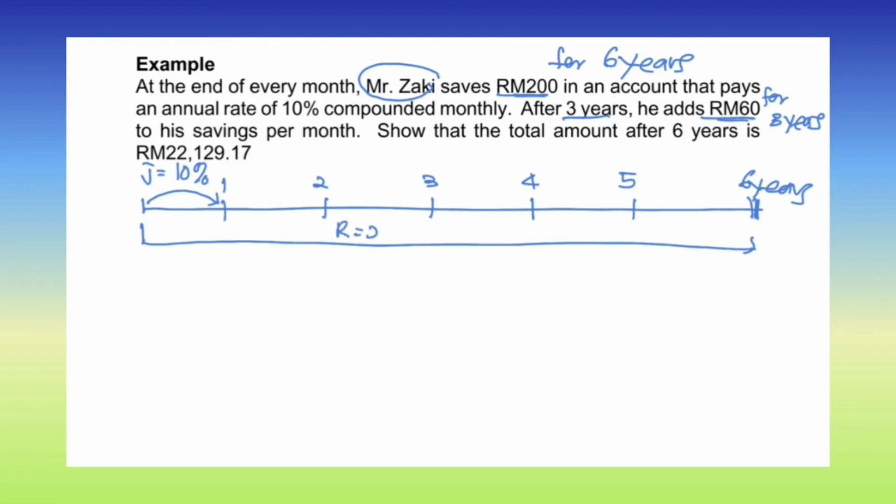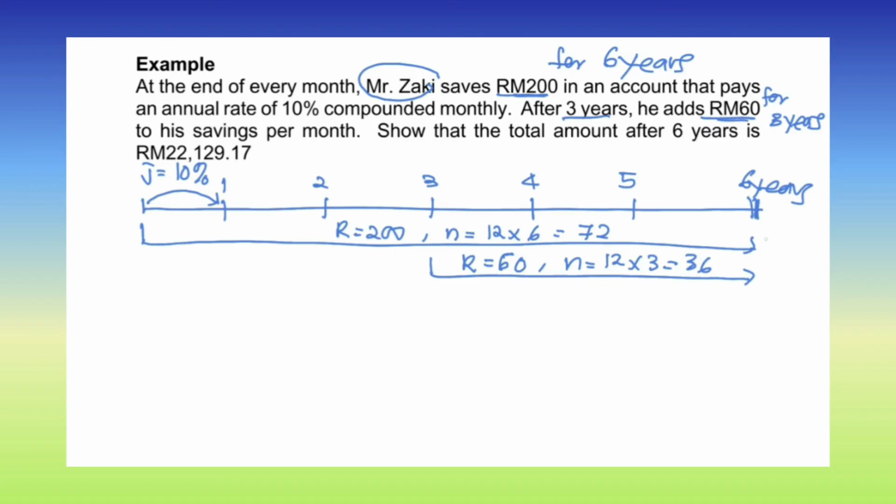So R equal to 200 and N equal to 12 times 6 equal to 72. And then after 3 years, starting here, he starts to save 260, meaning he adds 60 ringgit more. So R equal to 60 and N equal to, for 3 years, 12 times 3 equal to 36.